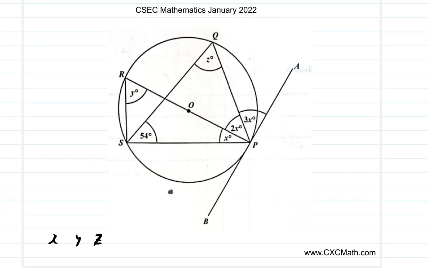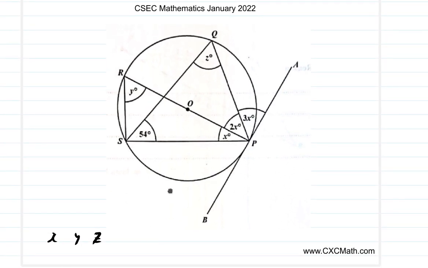Let's look at the question and figure out what X, Y, and Z are. X is right here, right? But remember, you have 2x and you have 3x as well. So maybe those could help you.